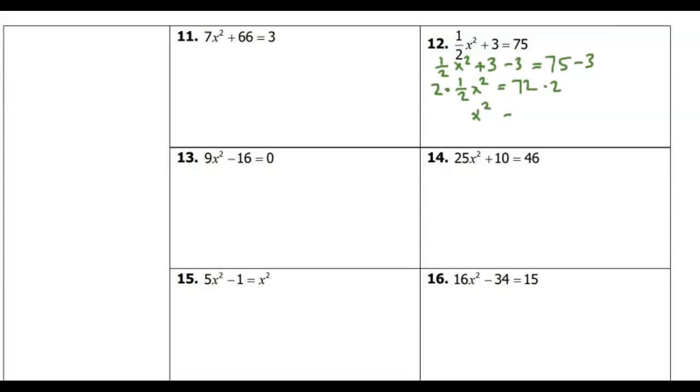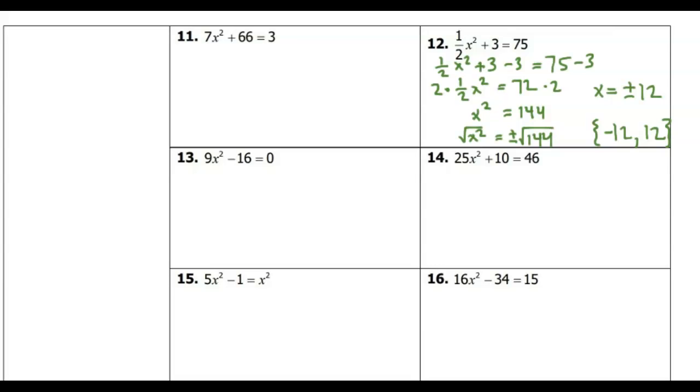To undo the 1/2, we're going to multiply by 2, and we end up with x squared equals 144. Of course, 144 is a perfect square, so we end up with plus or minus 12 as our solution.